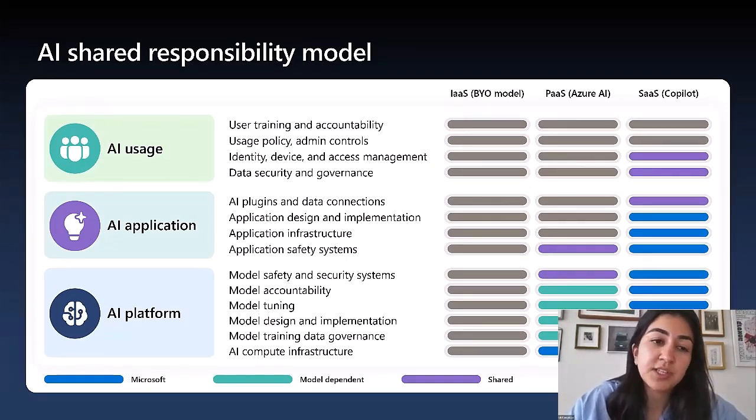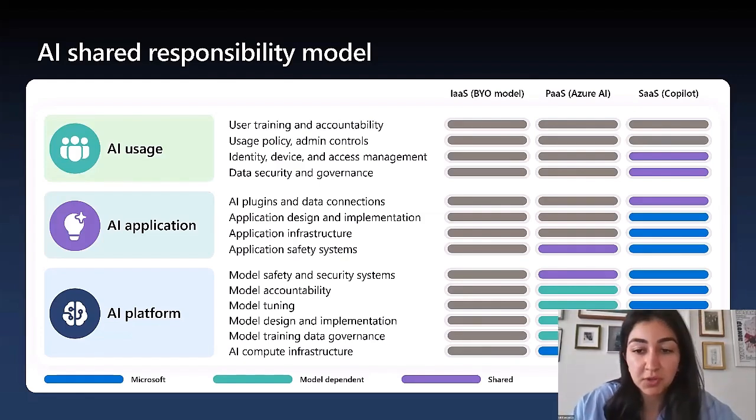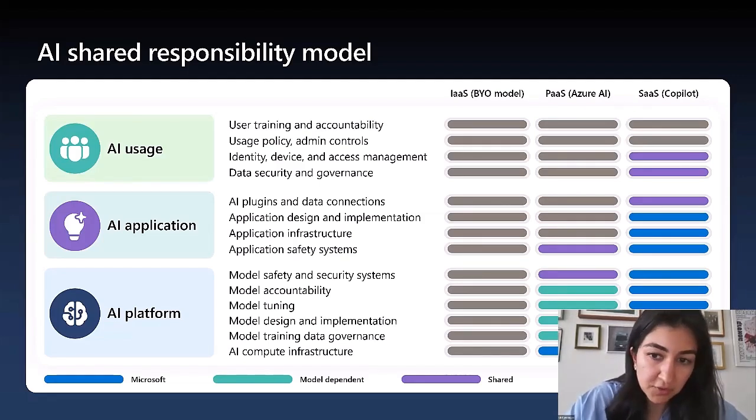And then we also see developers as part of this equation, right? Because they might be fine-tuning models. They might be using Copilot Studio to build their own custom models. And so when we think about shared responsibility, that doesn't at all dilute the responsibility. There's still a big part for all of us to play here. And at Microsoft, we're very committed to doing our part to making this as secure as we can.